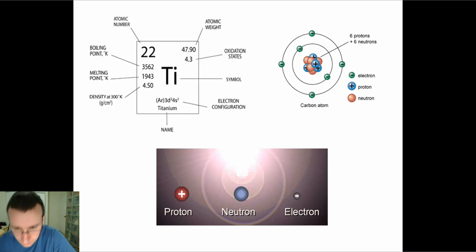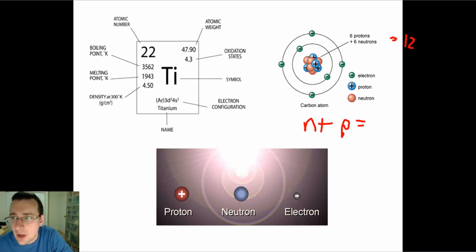Now, there's also the concept of the atomic mass number. So if you add the total number of protons and the total number of neutrons of an atom, you get the total mass number. For example, a carbon atom that has 6 protons and 6 neutrons has an atomic mass number of 12. What that tells us is basically how many protons and neutrons that atom has.